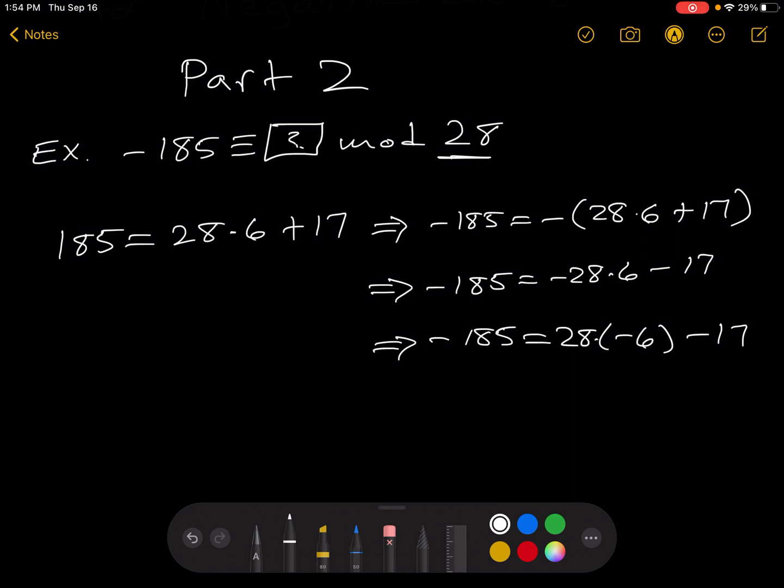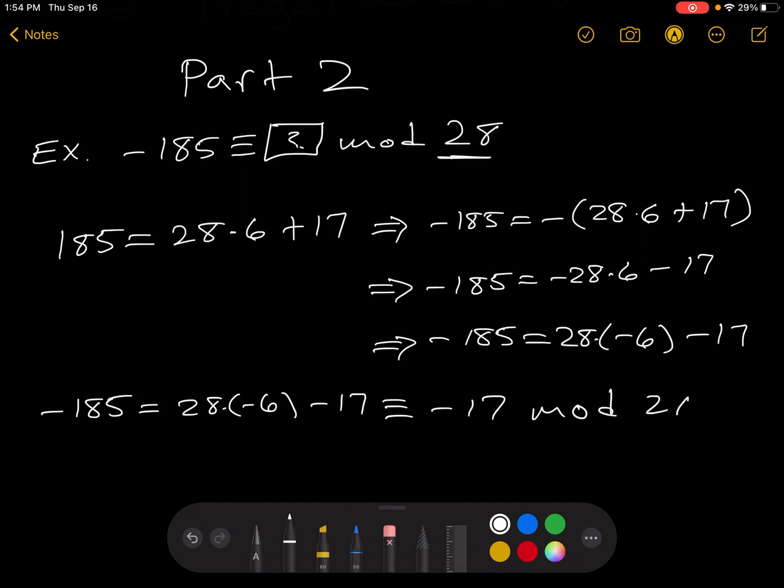This is congruent to negative 17 mod 28, because if you divide a multiple of 28 by 28, you're not going to have a remainder of anything other than 0. That's why we get negative 17.